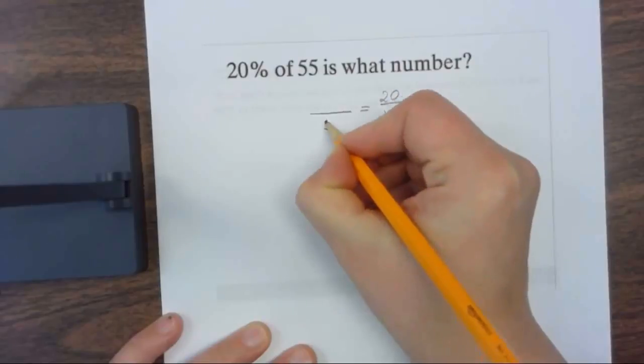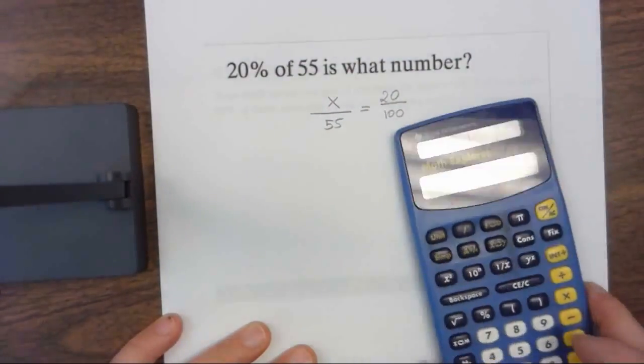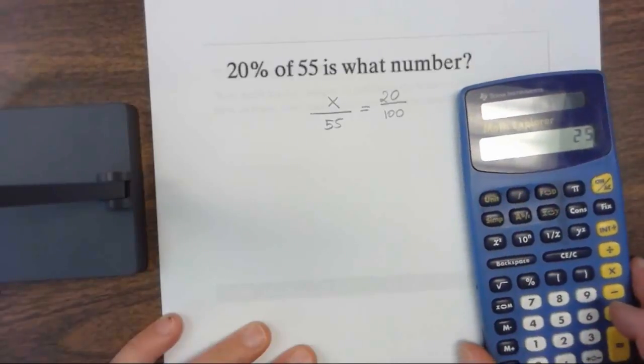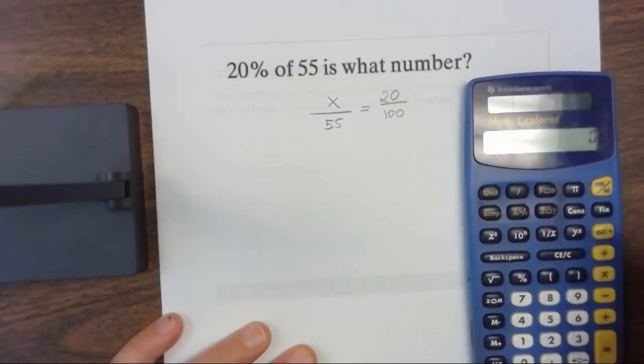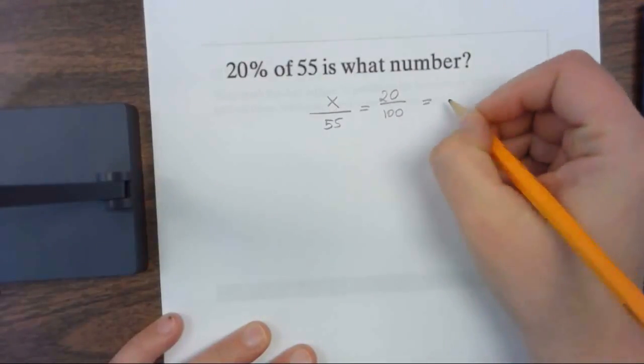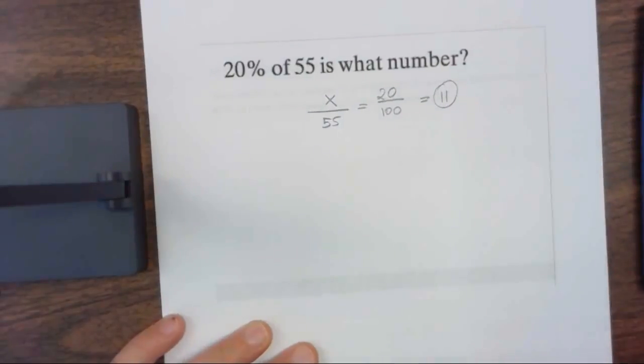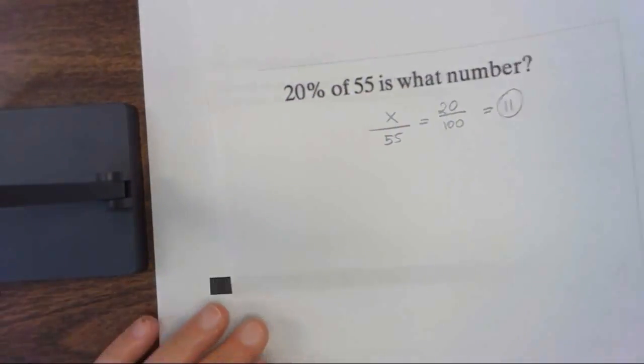I have my 55. I'm looking for my part. 55 times 20 divided by 100 is 11, which was easy, but that's okay. So 11 is the final answer.